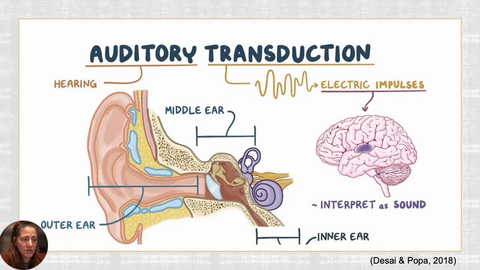Auditory transduction is a simplistic term for saying that it is giving the sense of hearing and converting it into electrical signals or impulses. So this picture represents auditory, being hearing or sense of hearing. Transduction is essentially saying that it is converting it into an electric impulse that's then connecting to our brain to interpret as sound.